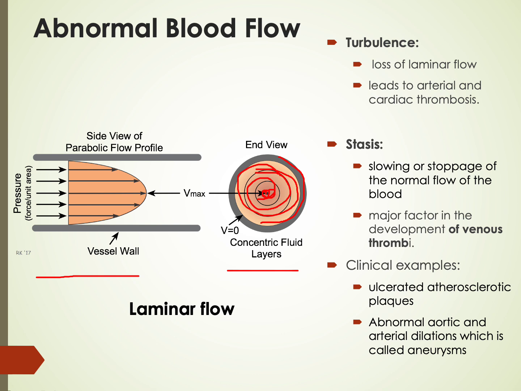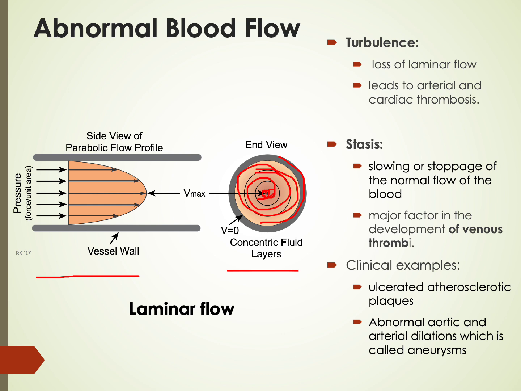Ulcerated atherosclerotic plaque that we talked about when we discussed the causes of endothelial injury is also an example here. Because the ulcerated atherosclerotic plaque not only caused endothelial injury, but also caused turbulence, and both will result in a thrombus formation.